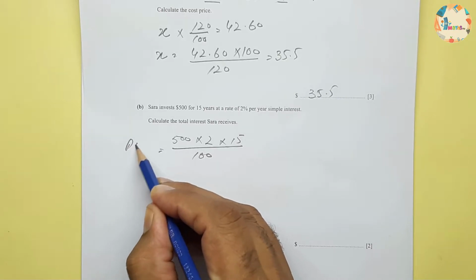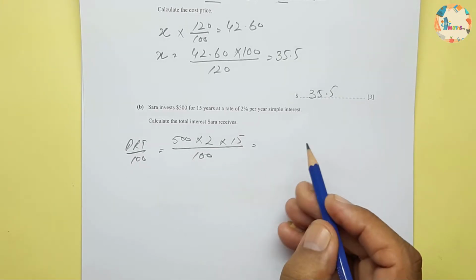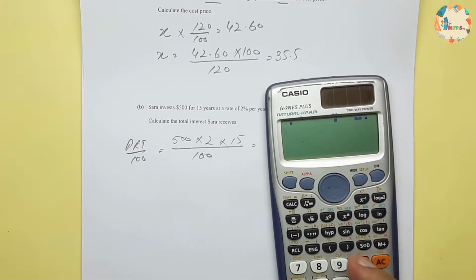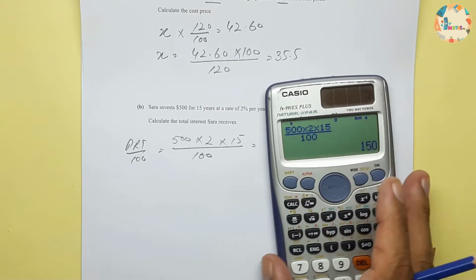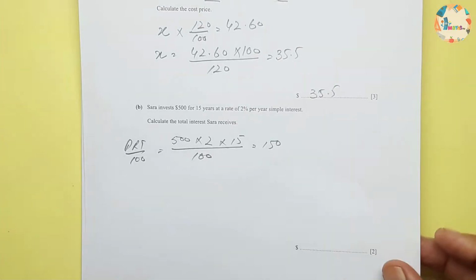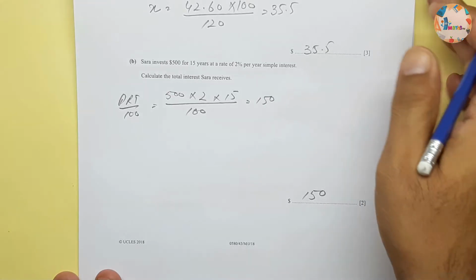So we can write PRT over 100, and we can simplify it: 500 multiplied by 2 multiplied by 15 and divided by 100. This will be equal to $150. So we can write the answer at the proper place, $150.